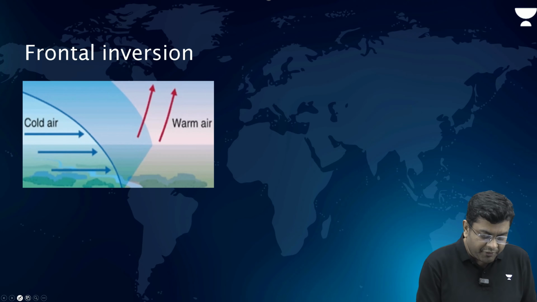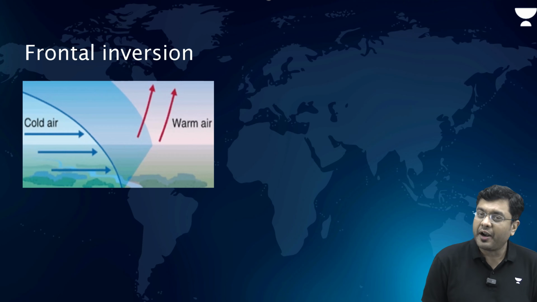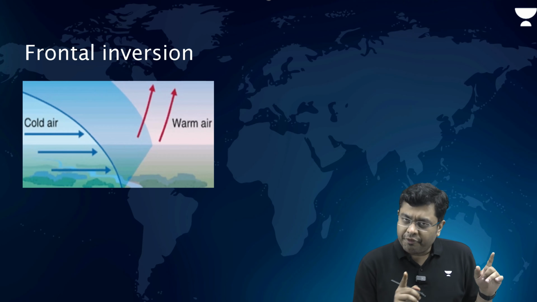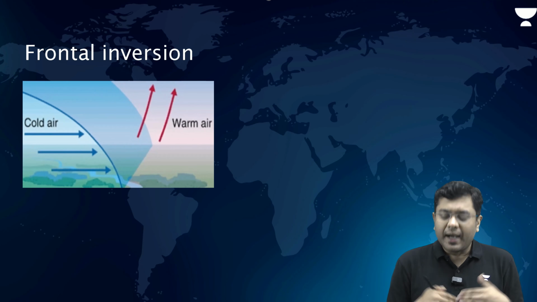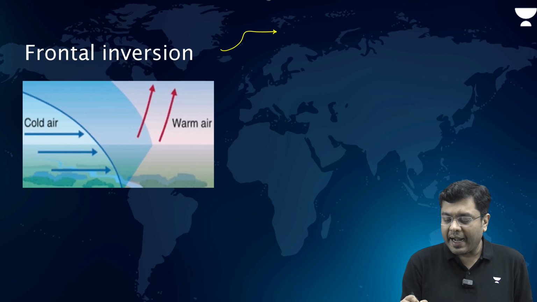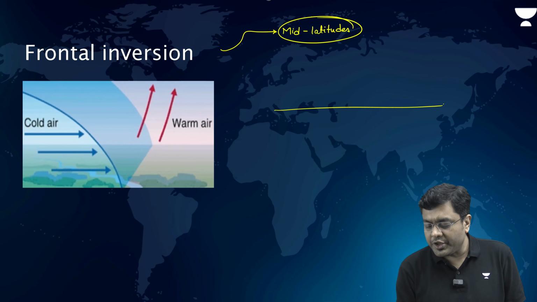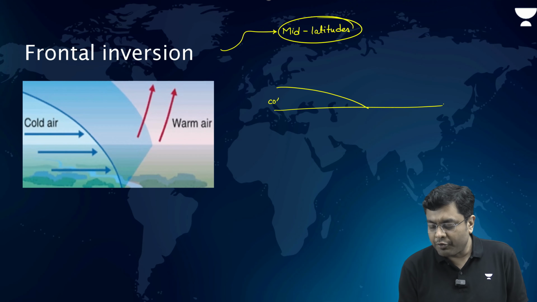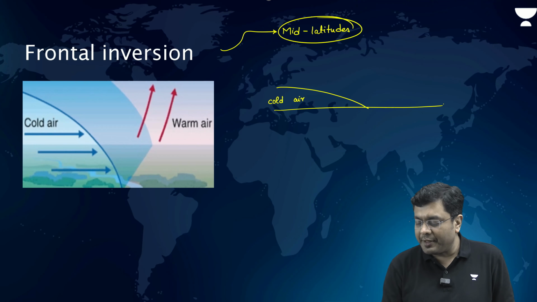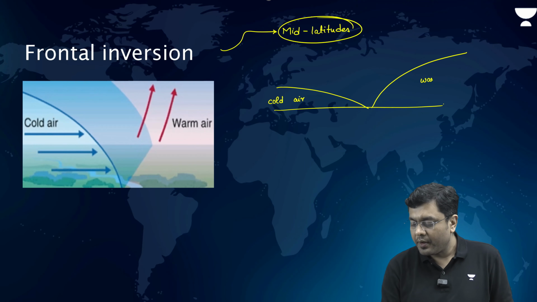Then we have another form of inversion, that is a frontal inversion. Frontal inversion is created again in the region of mid latitudes. Now, why does it get created? It is formed in areas where from one region you have cold polar air coming in, and on the other side you have warm air coming in.